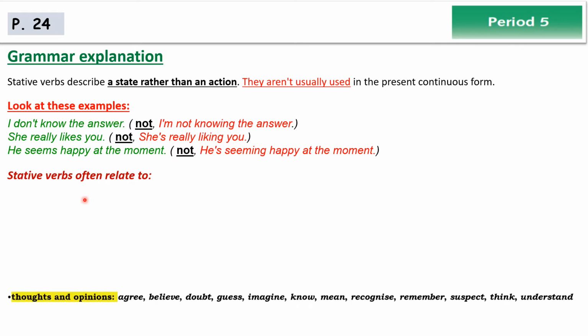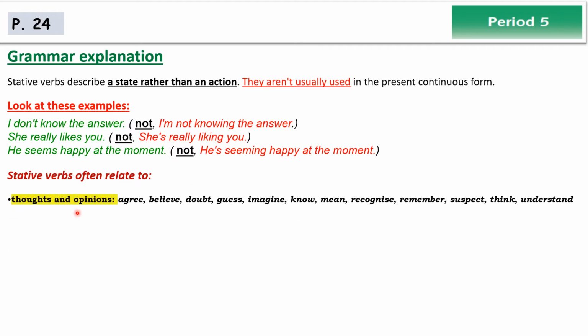Stative verbs relate to thoughts and opinions, like agree, believe, doubt, guess, imagine, know, mean, recognize, remember, suspect, think, and understand. They also relate to feelings and emotions, like dislike, hate, like, love, prefer, want, and wish.